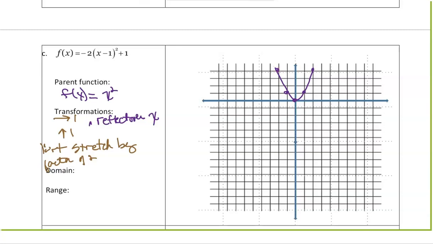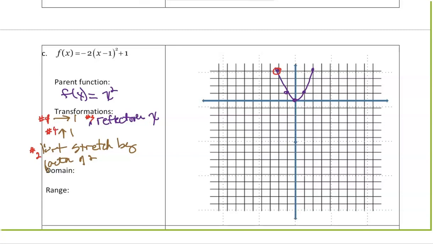Okay, so one thing I'm going to do, I'm going to number these. I'm going to do this first. I'm going to do this next. I'm going to do this probably third. And I'm going to do this fourth. Okay, that will help me. So from here, I'm going to go, and this is 1.